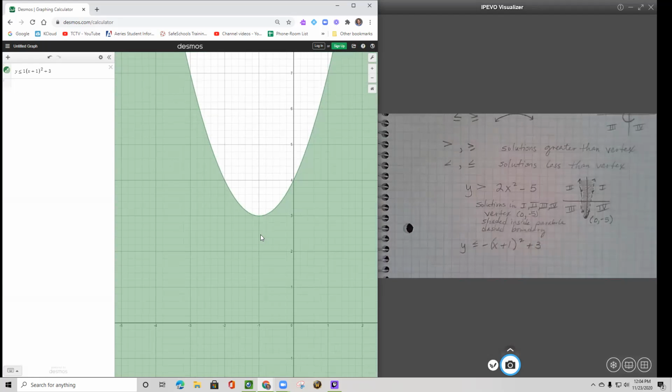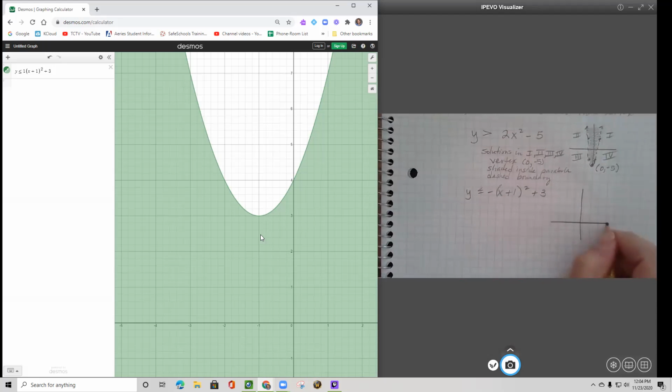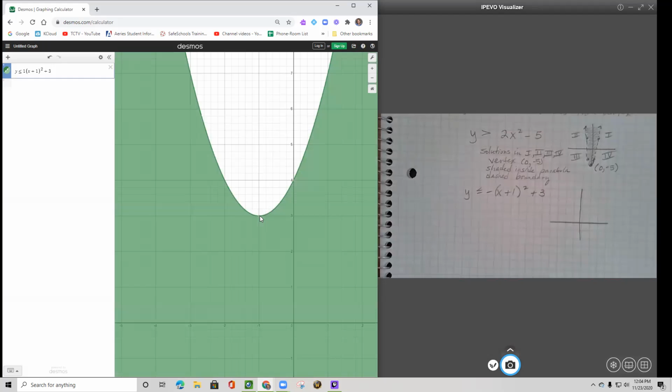Here I have a curve with the vertex at -1, 3.